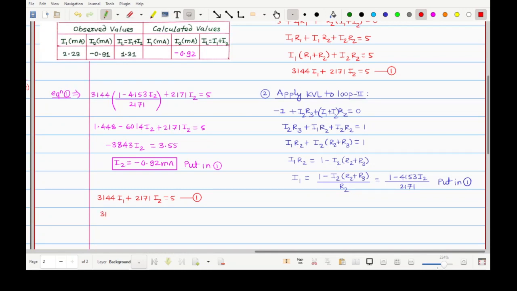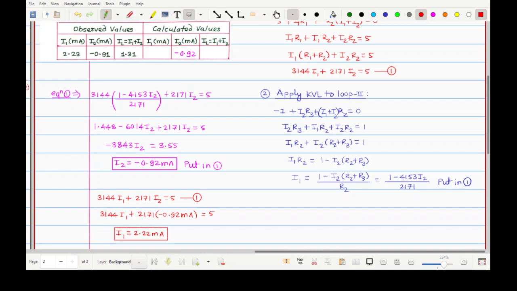So you are getting 3144 I1 plus 2171, what is your I2, minus 0.92 milliampere, is equal to 5. Calculate this, you will get the value of I1. If you do the calculations, your current comes out to be 2.22 milliampere. So this is the value of current you are getting in loop 1.